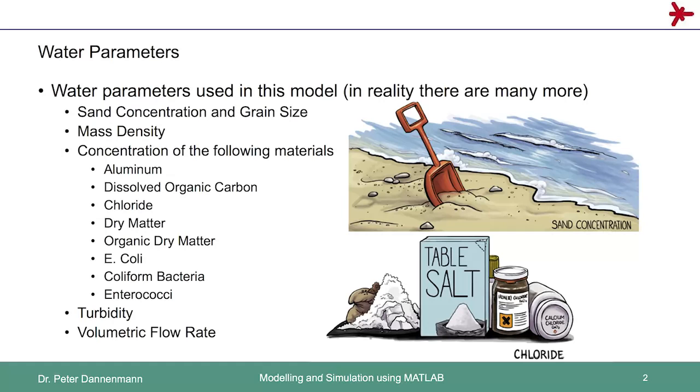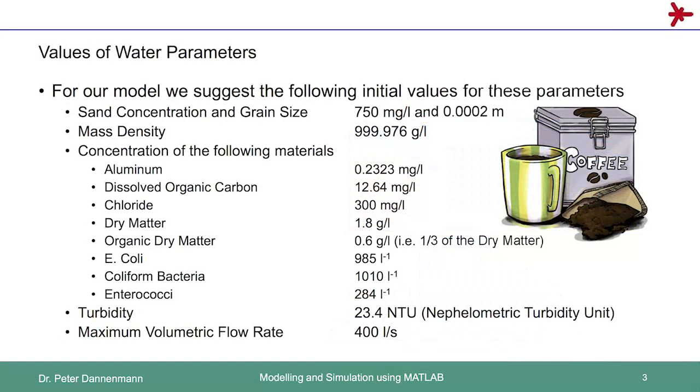Of course, we have to model all the components of the water that we want to get out of it during the treatment process. Finally, we have to model the water's turbidity, and we have to model how much water flows through our plant. Typical values for these parameters in untreated or raw water can be seen on this slide.